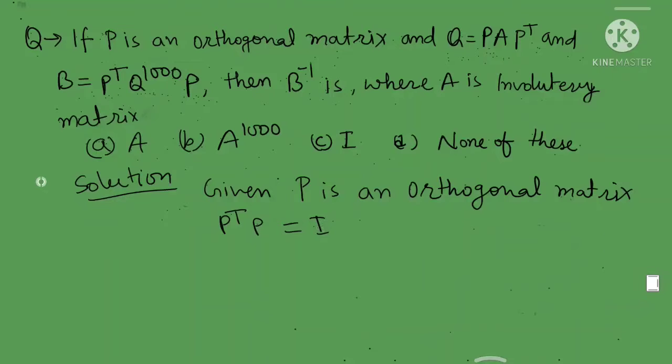This is the definition of an orthogonal matrix. Now it is also given Q equals P A P transpose, and B equals P transpose Q to the power 1000 P.